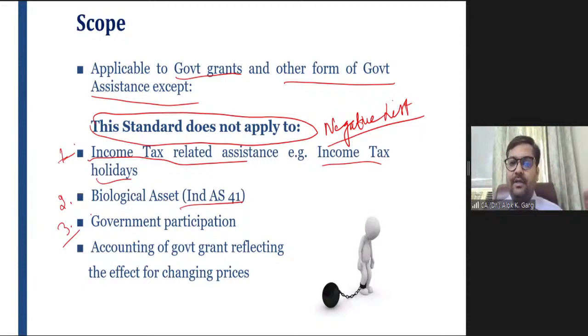So what does it mean? It means the government is the owner of a company. Air India, the government is the owner. ONGC, BPCL, NTPC, Steel Authority of India Limited, MMTC, who are the owners? So in case of public sector undertakings, the government is the owner. And if the government is the owner, the equity shareholder, and is giving some benefit to the company, it will not be considered as a grant, it will be considered as a deemed capital contribution.